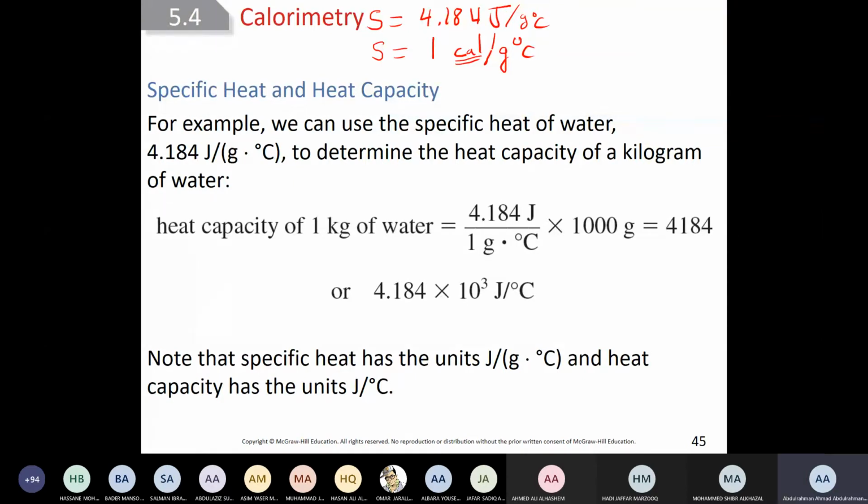As I said, this is available for you in the periodic table, but you have to memorize it. Even though it's available, you don't have to keep it 100% in your mind, but try to memorize it. Any question?